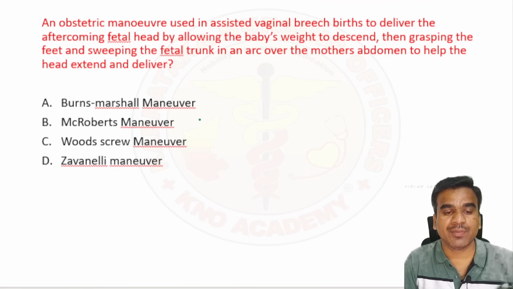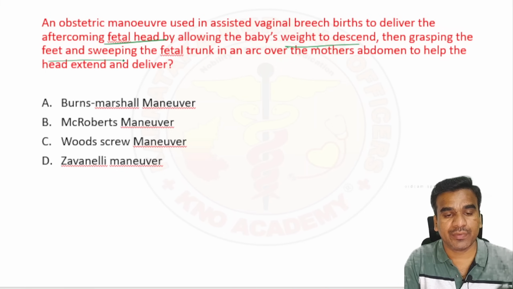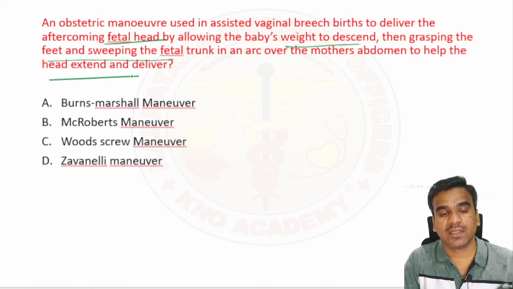Next question: an obstetric maneuver used in assisted vaginal births to deliver the aftercoming fetal head. These words should not be forgotten: allowing the baby's weight to descend, then grasping the feet and sweeping the fetal trunk towards the abdomen to help the head extension and deliver.